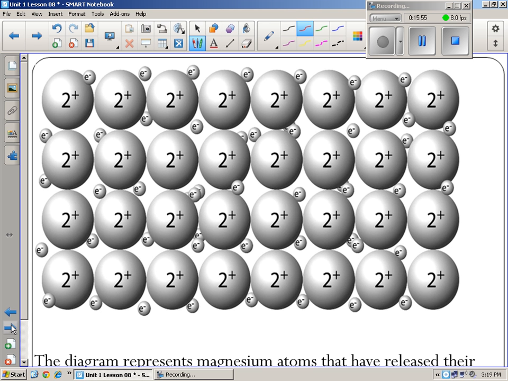Here's an example that I've given you with magnesium ions. Each one of these magnesium atoms has let go of its 2 electrons. That's why you see a big 2+ for each one of these, because magnesium forms a 2+. And those electrons that it's let go of are free to be attracted by any other ion that's around it.